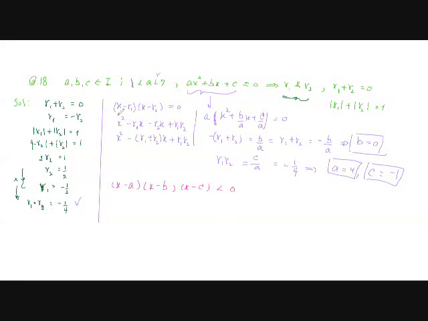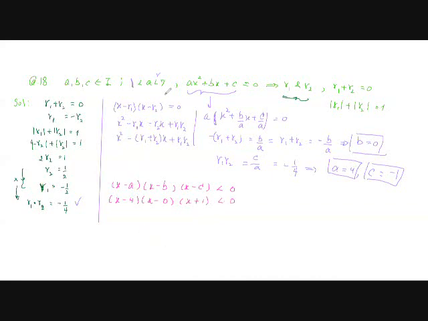Now you can replace A, B, C with the values we got. So X minus A is X minus 4, X minus B is X minus 0, and X minus C is X minus negative 1, negative becomes plus 1, less than 0.